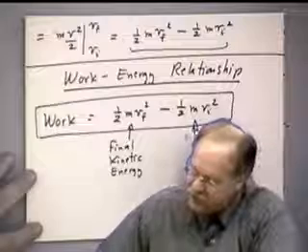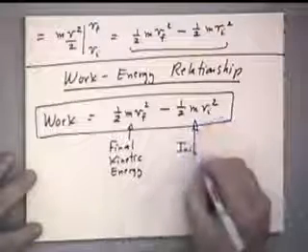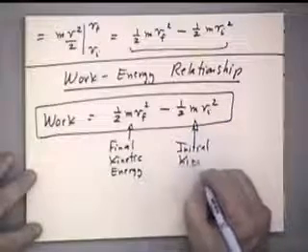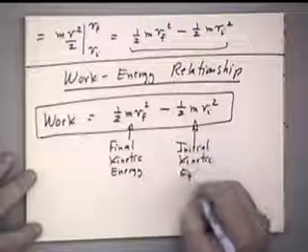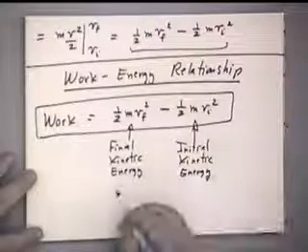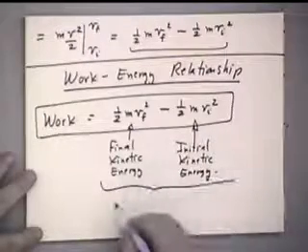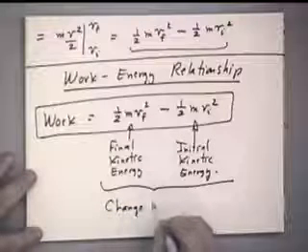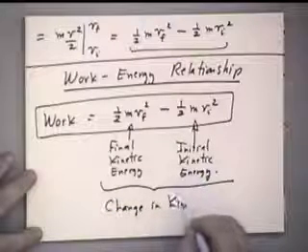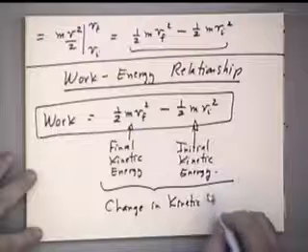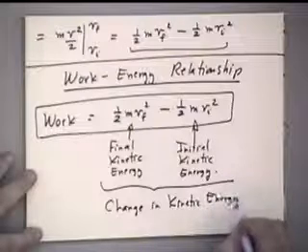And this expression is the initial kinetic energy. And that is also energy of motion, and of course the difference is the change in kinetic energy from the start of when the work began to the end.